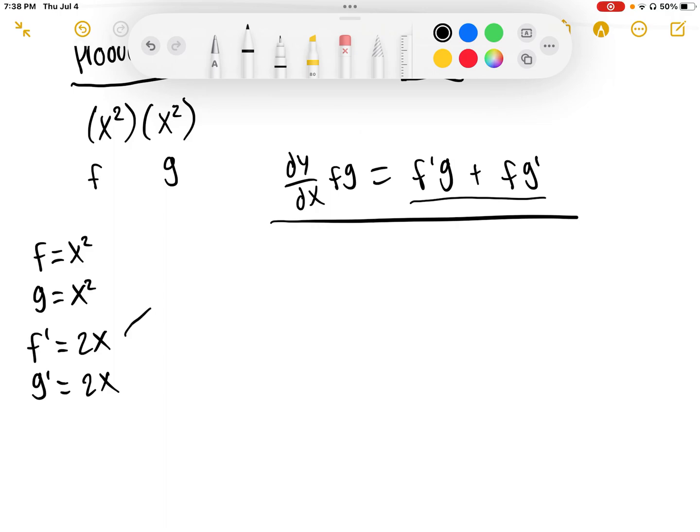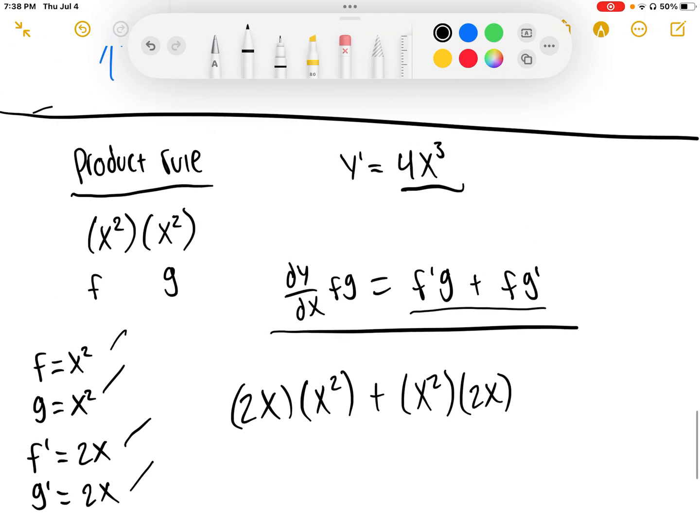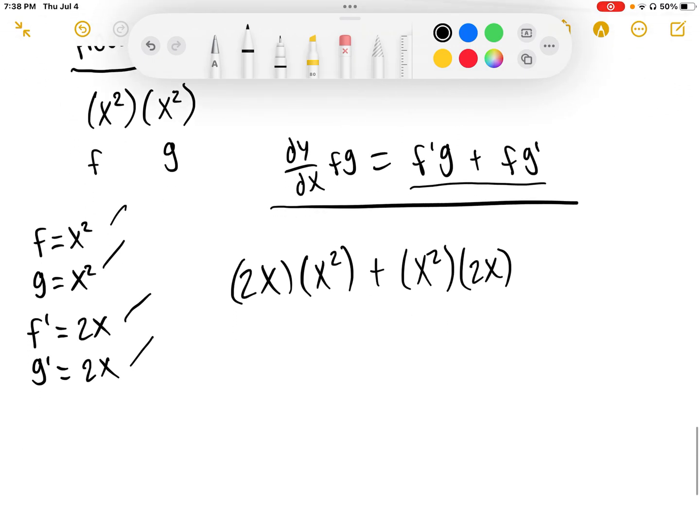Now we have everything we need to plug in, and we're going to start with f prime g. So f prime g, so 2x times x squared plus f g prime, so x squared times 2x. And what is this going to equal? So we're looking for 4x to the 3.